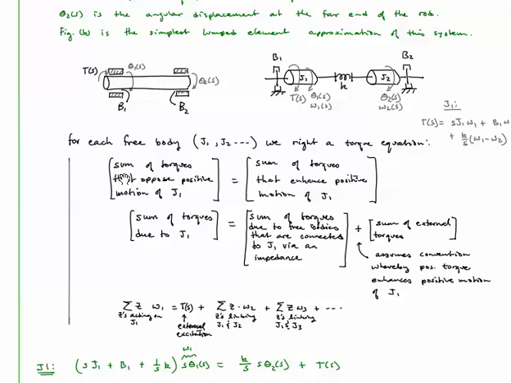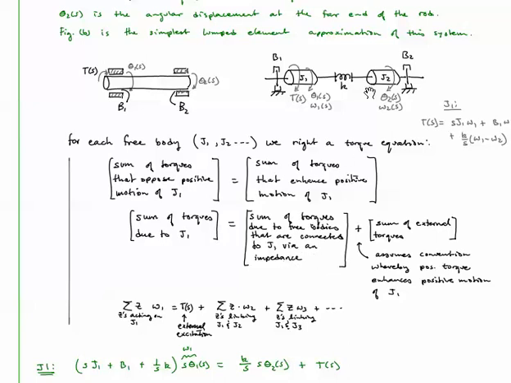So what we'll do is sum all the torques that oppose positive motion of J1, and those are going to be equal to the sum of the torques that enhance positive motion of J1. Then we can further break this down: there's the sum of torques due to J1, and that's going to be equal to the sum of torques due to free bodies that are connected to J1 via some kind of impedance.